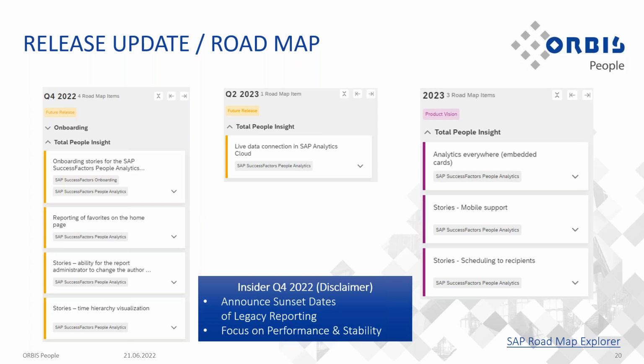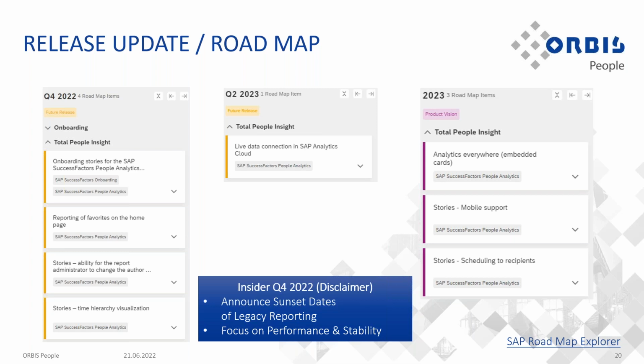But there's one big insider tip I can give you away, with a disclaimer that again we're talking about the SAP roadmap, so nothing is for sure, and I don't guarantee that it's coming or not. Sven talked at the beginning about story reporting, and it will basically sunset all the other reporting tools, right? But there was no announcement of sunset dates yet.